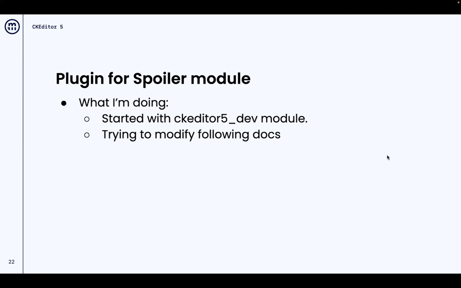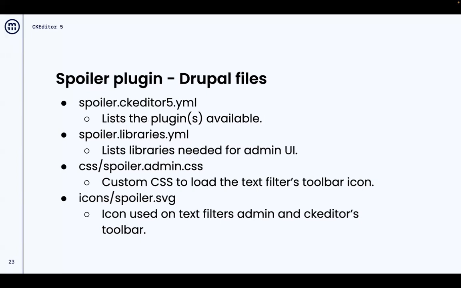So what I started with was the bare bones CKEditor 5 dev module that has a demo or example submodule included in it. And then I've been customizing what it provides to make it work the way I want. It's almost there. I'll get into these with the text editor in a moment, but there are a number of files that I've created.